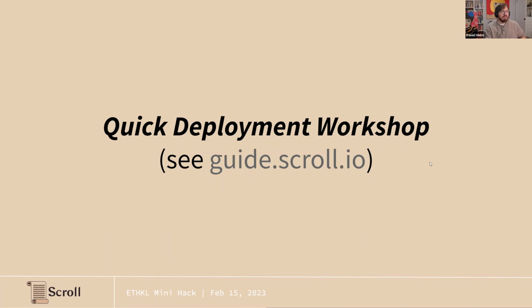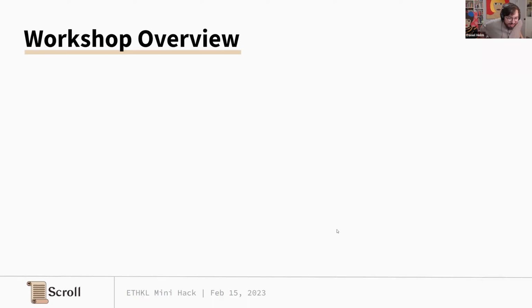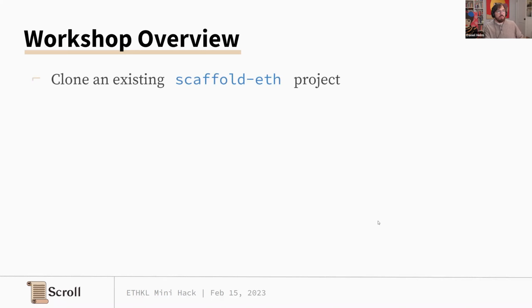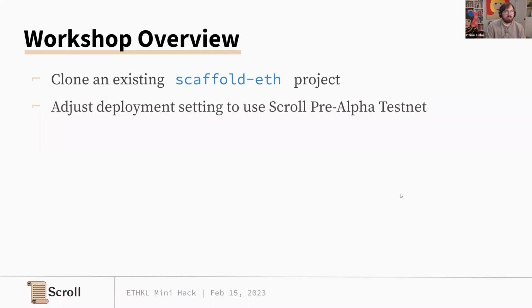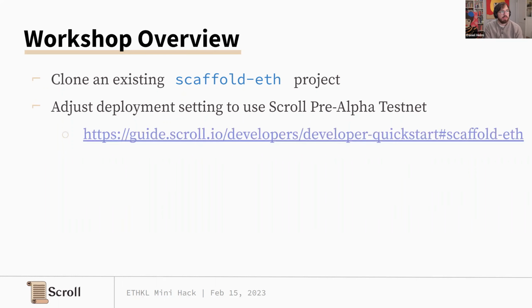Perfect. All right, so let's dive into the workshop piece. It's going to be quick, because I don't need to teach anyone Solidity here. We're just showing how to get Scroll going. So what I'm going to do is clone an existing Scaffold-ETH project. If you haven't seen Scaffold-ETH, it's amazing as a way to get hacking on Ethereum quickly. We're going to adjust the deployment settings to use the Scroll pre-alpha testnet.